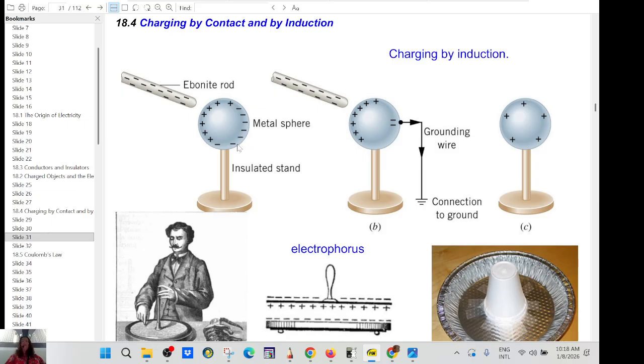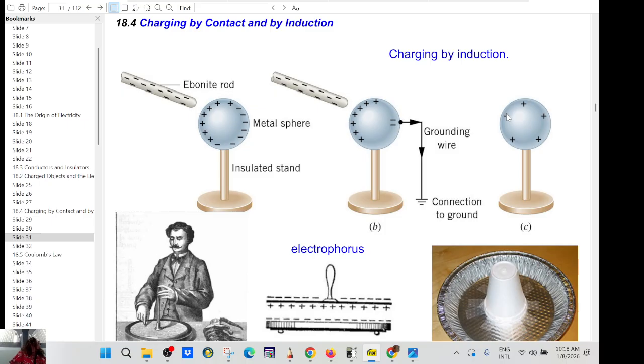Then you can ground only this side, so you get rid of the electrons here because it's connected to the ground, and those here are held there, and at the end it becomes positively charged. This is charging by induction because you are not touching it.